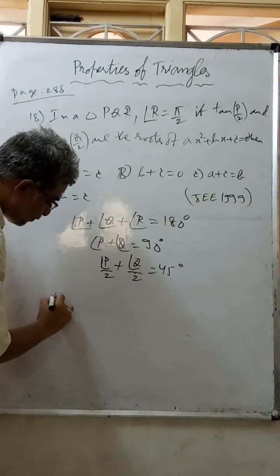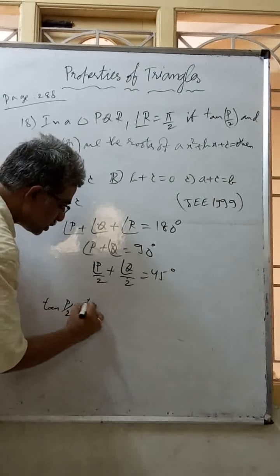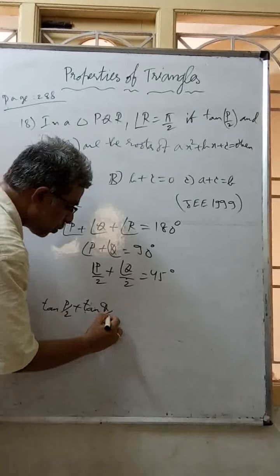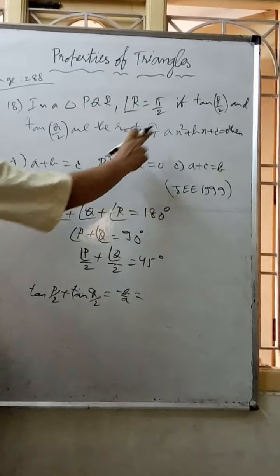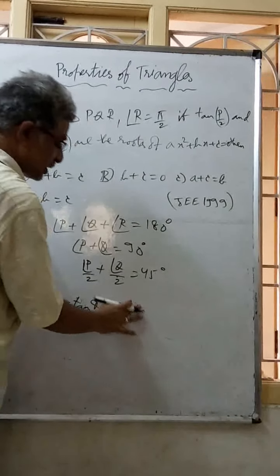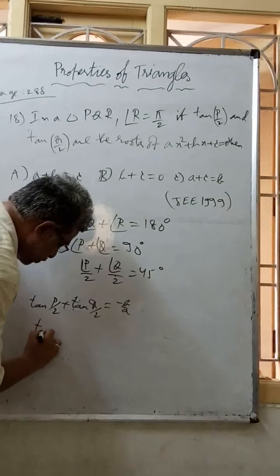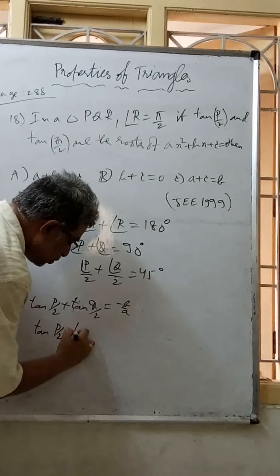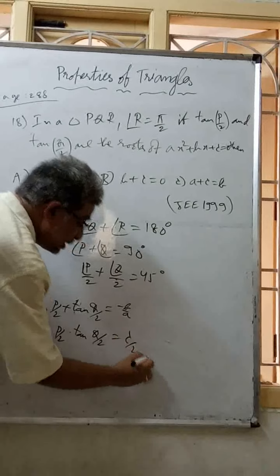We know that the sum of the roots, tan P by 2 plus tan Q by 2, equals minus b by a, because the given equation is ax square plus bx plus c equals 0, and the product of the roots, tan P by 2 into tan Q by 2, equals c by a.